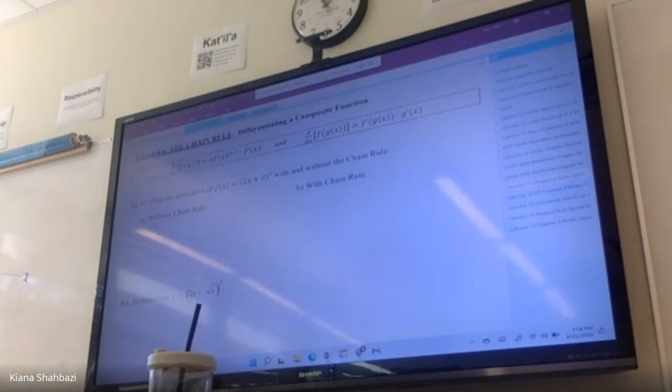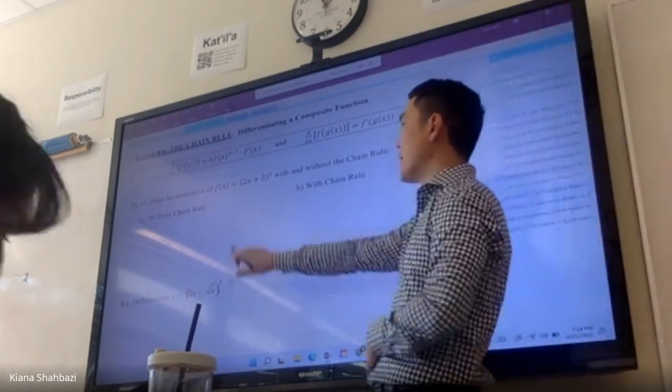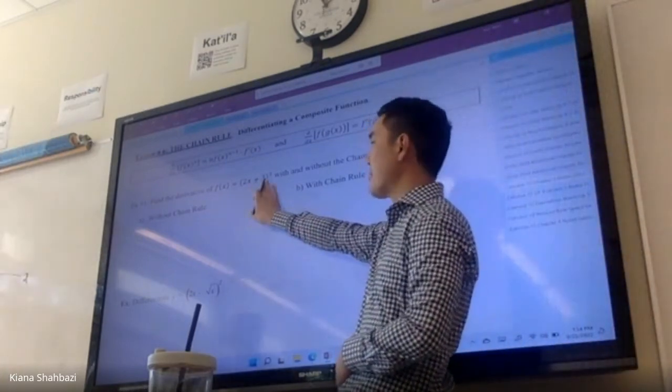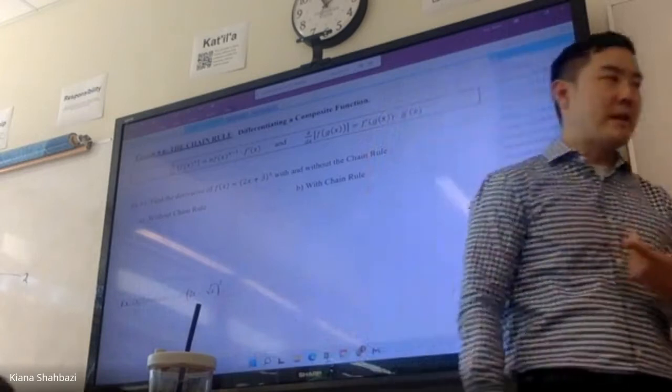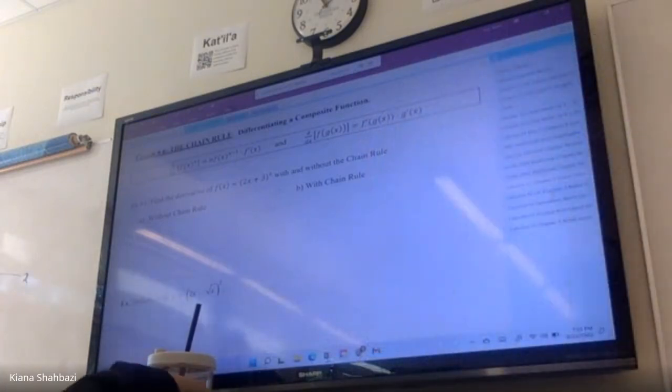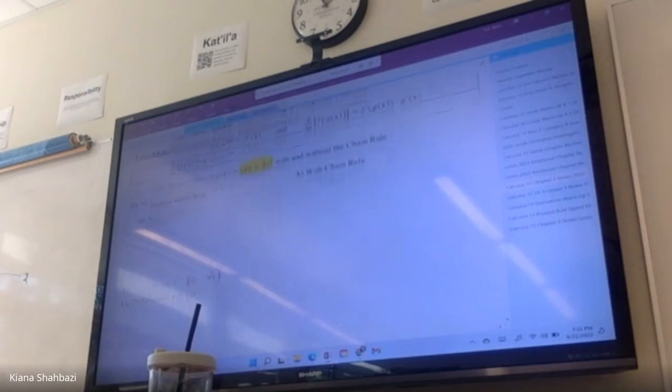But we should always start with something that we do know, like f of x equals 2x plus 3 to the power of 2. We've done questions like this already. Can everyone just highlight this, 2x plus 3 to the power 2?